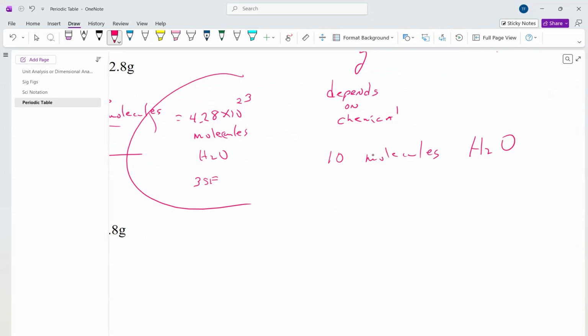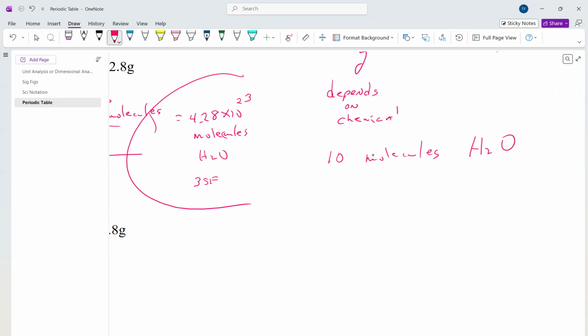Twenty. How'd you get 20? 2 hydrogens per molecule. So we have a conversion factor of atoms per molecule. So we first need to find out how many molecules of water we have. Then we can convert the molecules to atoms.